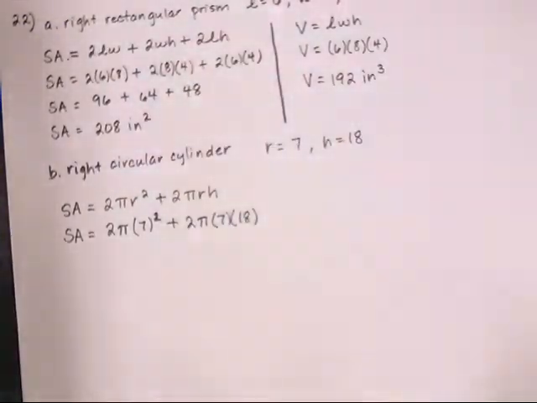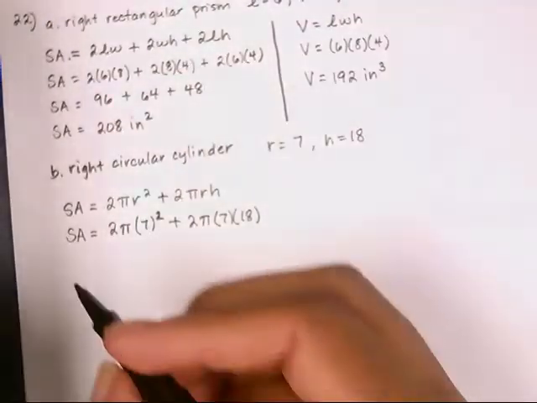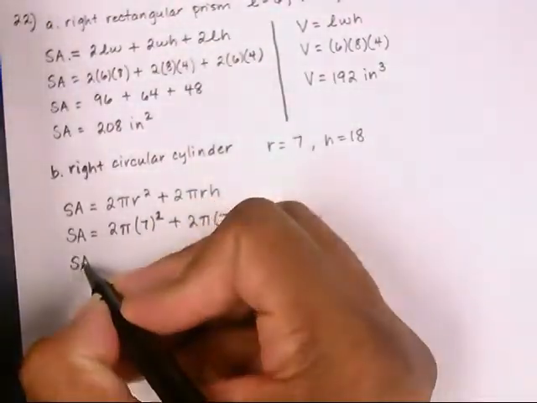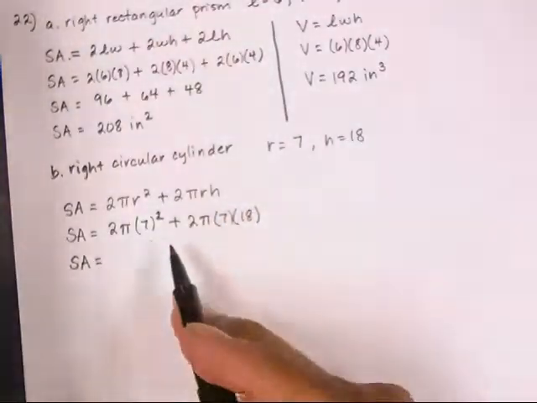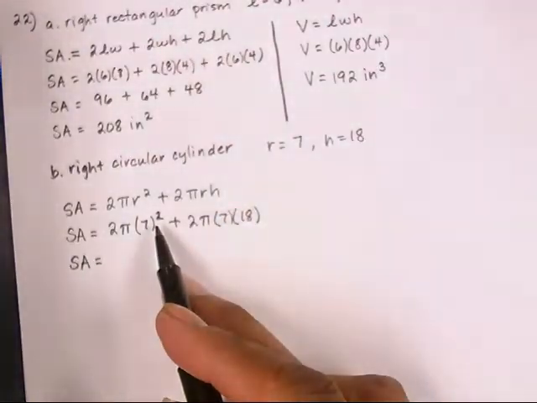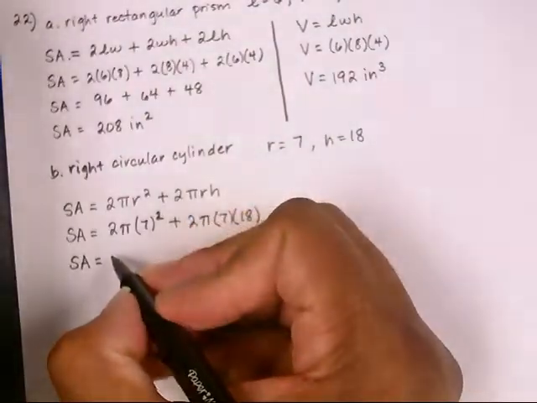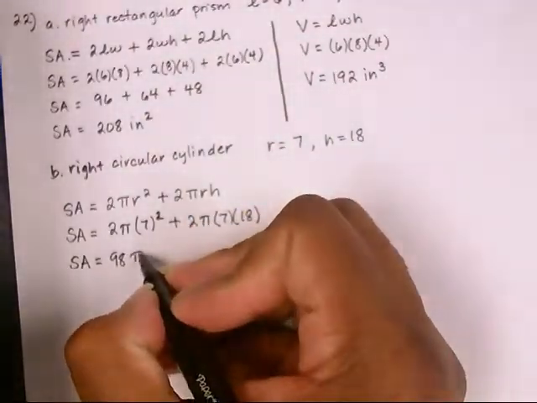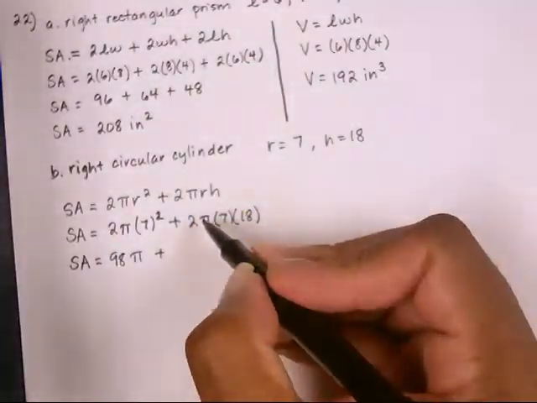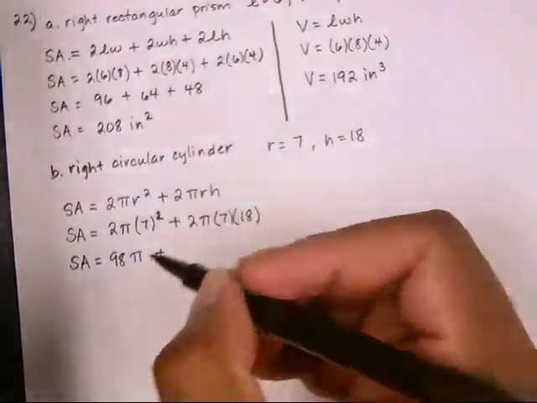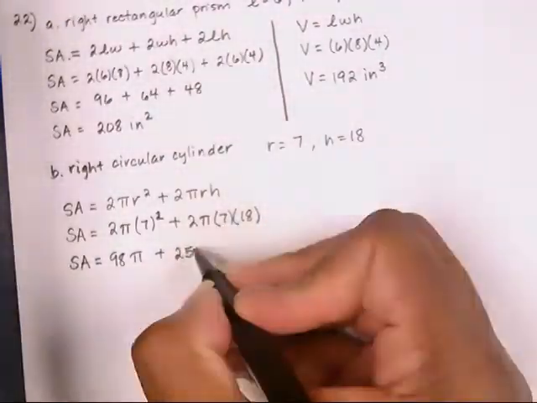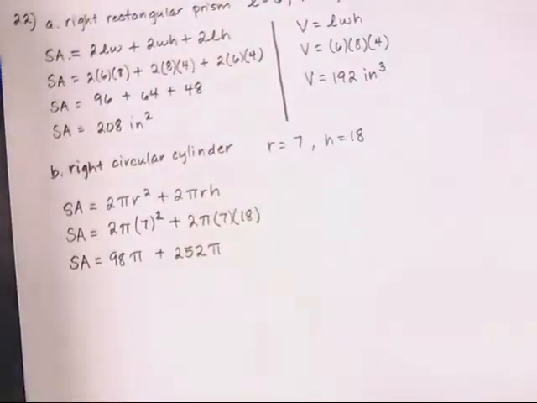Just substitute. Now with this, we're going to leave our answer in terms of pi. So if I square the 7, that's going to be 49. 49 times 2 would be 98. So it'll be 98 pi plus 2 times 7 times 18. That's going to be 252, and we bring down the pi.